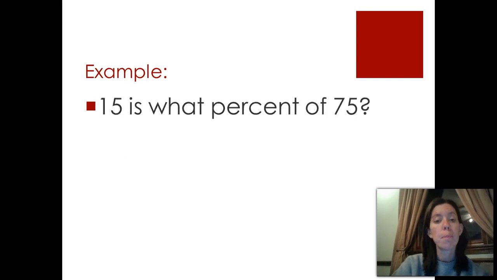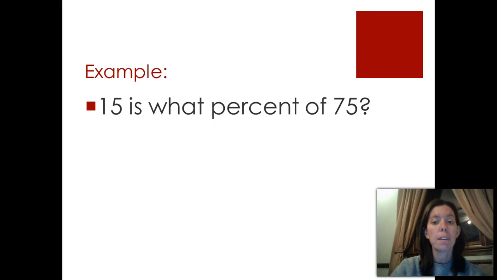Here's a second example. I want you to pause the video and translate this into an algebraic expression, and then come back and we'll talk about how to solve it. See if you translated yours the same way that I did mine. Just bring down the 15 is what percent.